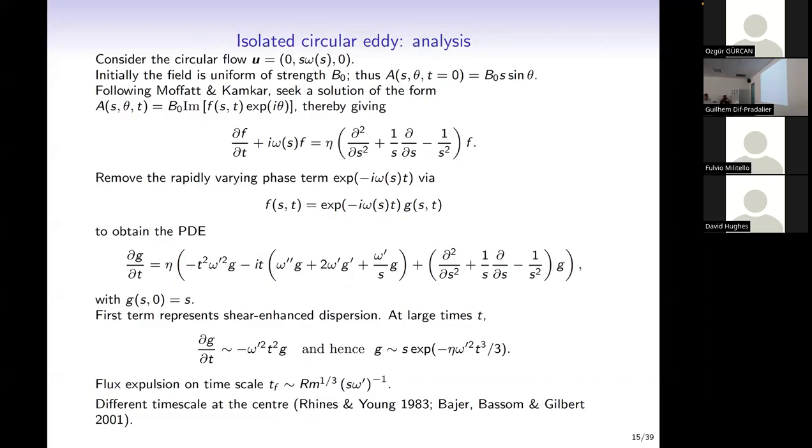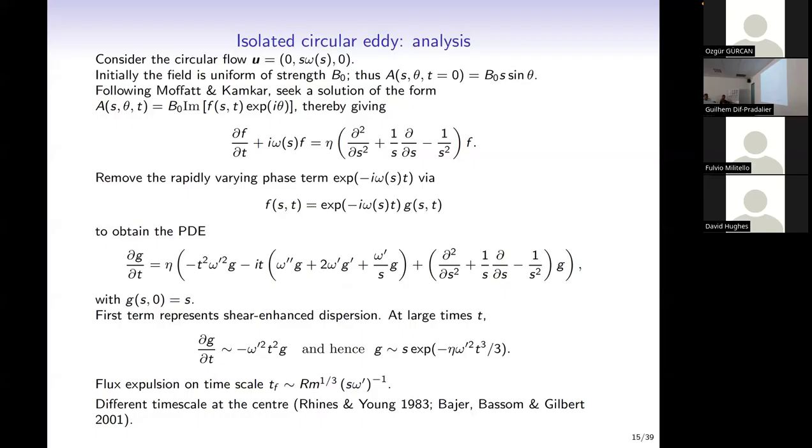So you're better pulling it out. And you get this nice-ish equation for G. So it's a diffusion equation. Right, and this is the classical diffusion term. But at large times, even though you can't really solve this analytically, this is the term that matters. It's t squared again. You get t squared again.